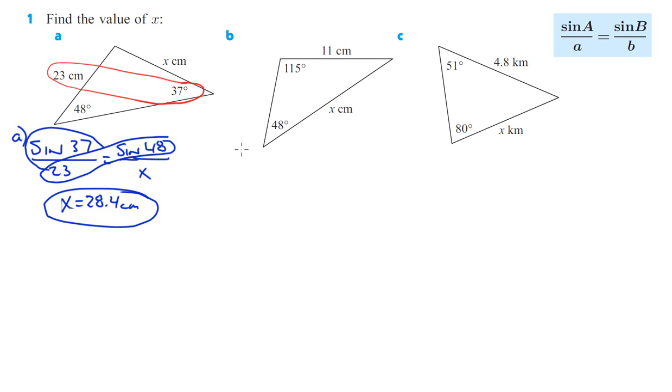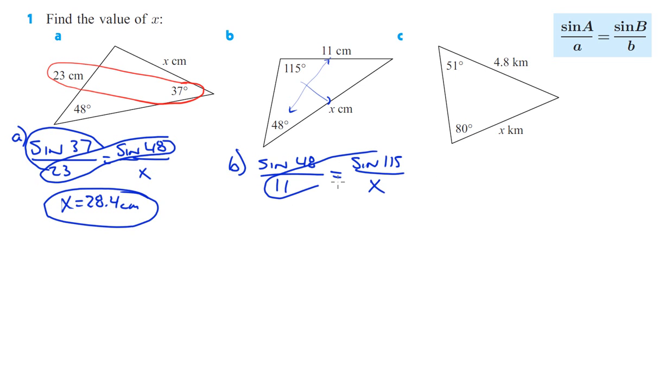Okay, so B here, we've got an angle and the side across from it. So we'll do sine of the angle 48 over the side across from it, which is 11, equals sine of 115 over the x, which is the side across from it, right?